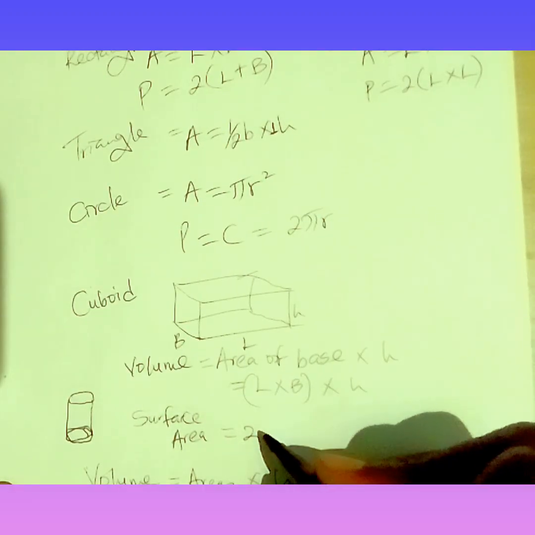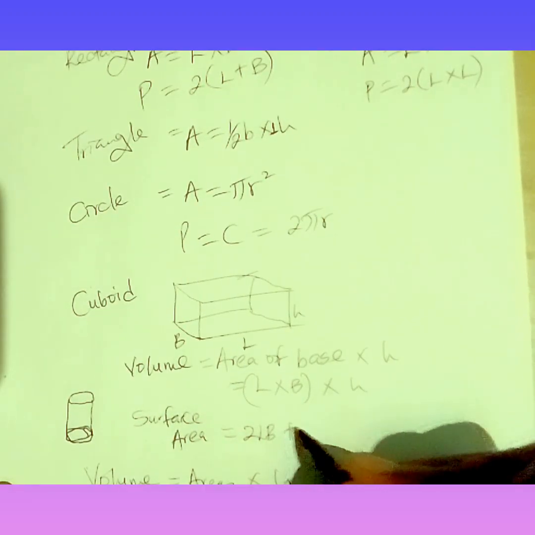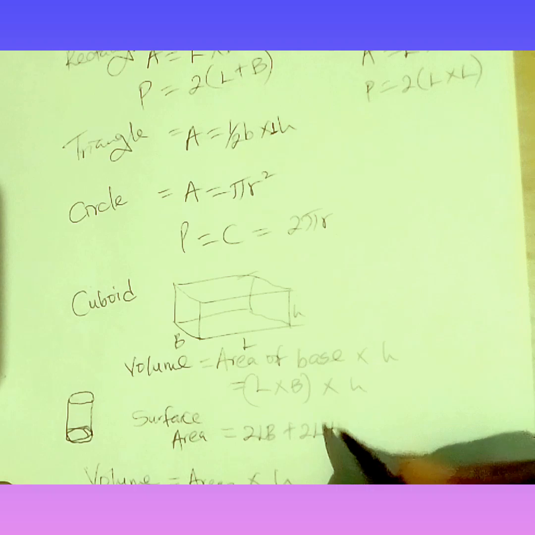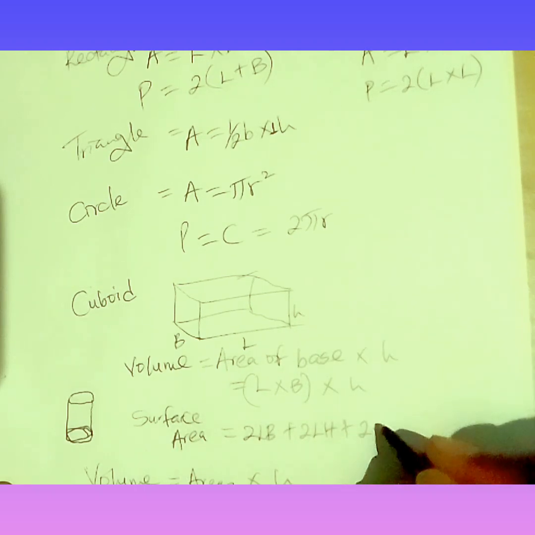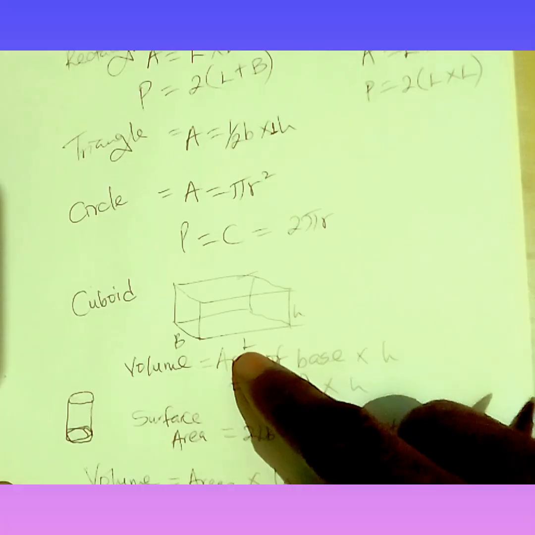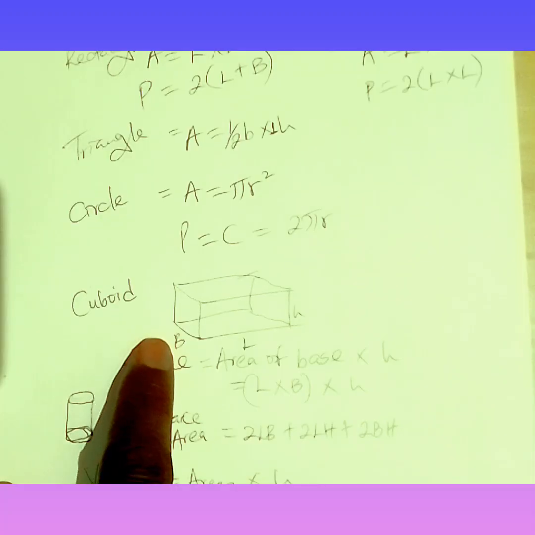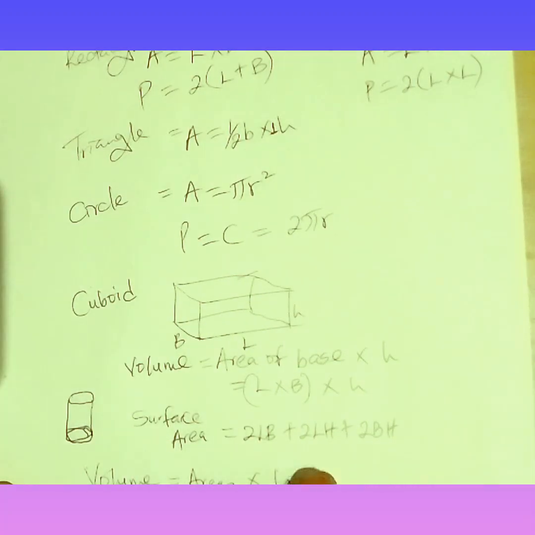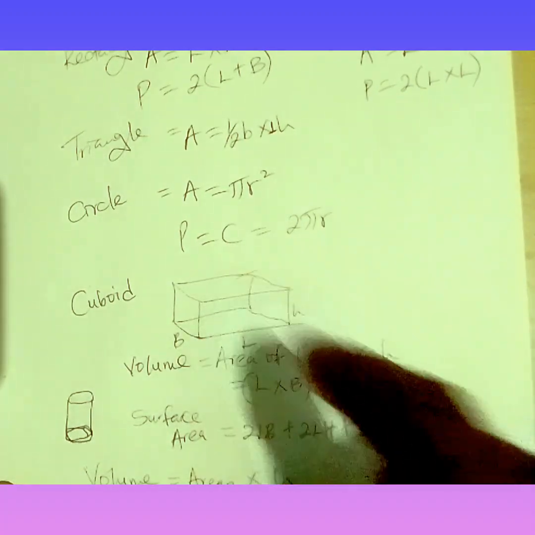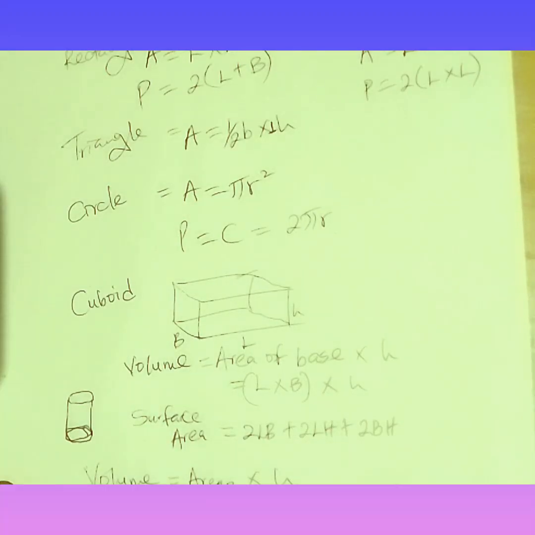So here we'll have 2 length times breadth plus 2 length times height plus 2 breadth times height. The surface of length times height is the back and the front, 2 of it. You have breadth times height, this side, and it is 2 of it. And the top is length times breadth, and it is 2 of it. So that is how we get the surface area.